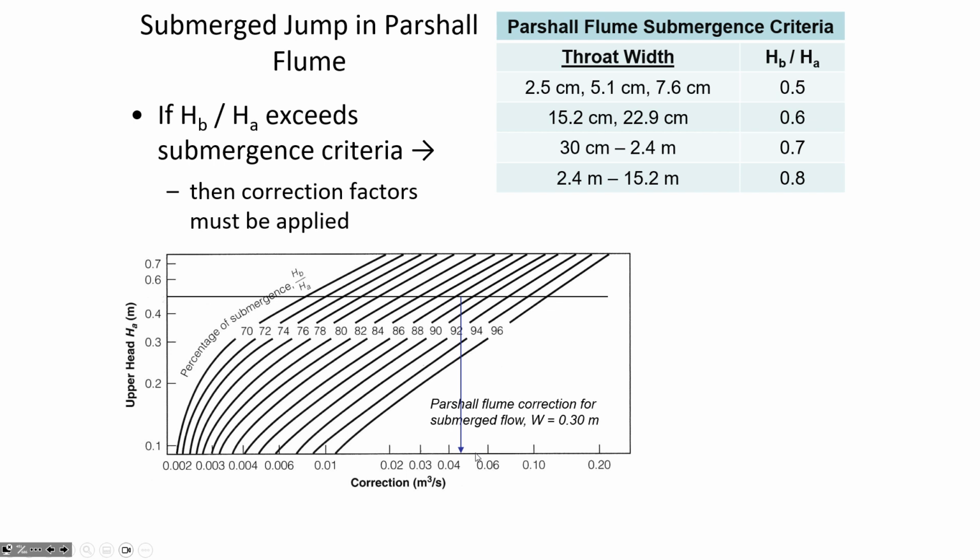And then the corrected flow rate, the Q actual, is the free flow capacity of 0.4151 cubic meters per second minus the delta Q, 0.0792 cubic meters per second. So 0.3359.